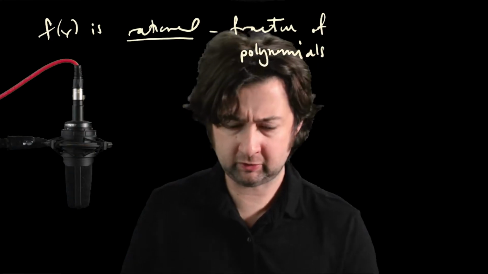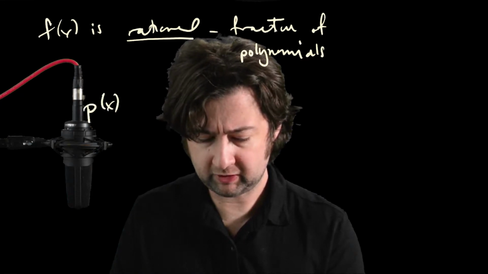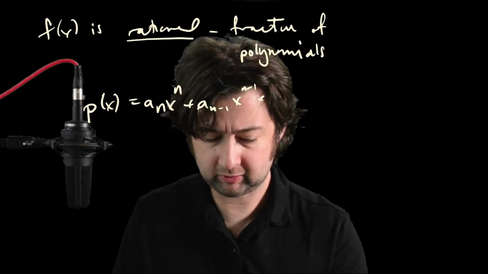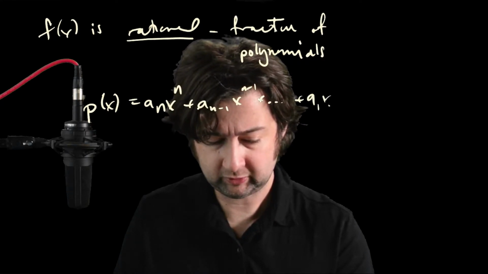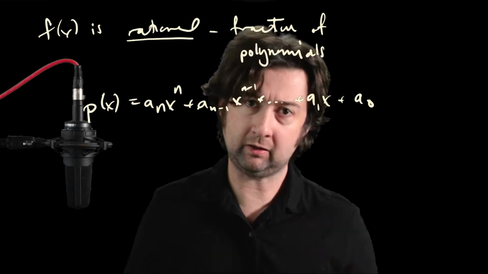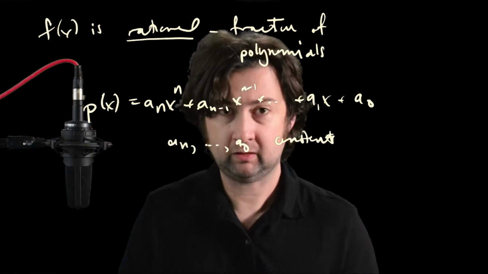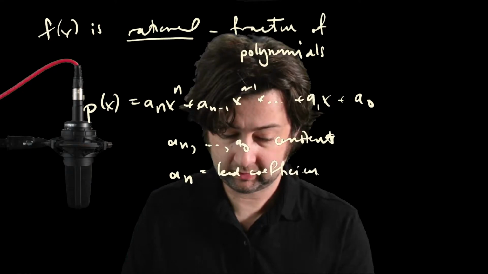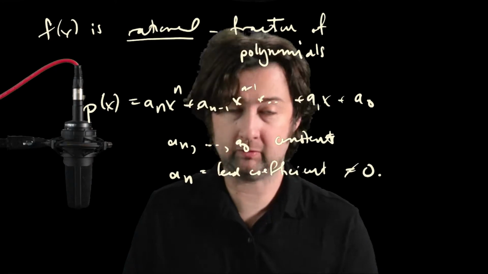So remember that a polynomial is a function of the form p of x is equal to a_n x to the n plus a_(n-1) x to the n minus 1 plus ... plus a_1 x plus a_0, where a_n through a_0 are constants. And usually we think of a_n, the leading coefficient, as being not equal to 0.